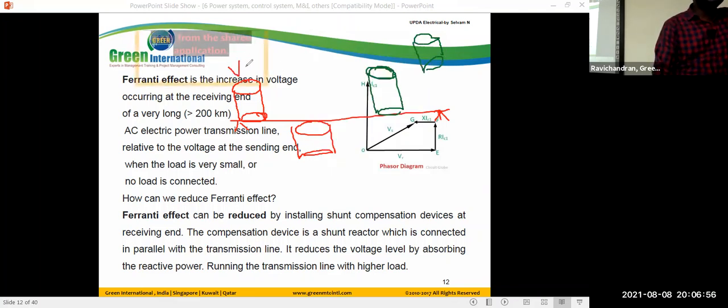So here Vs, here Vr, it's a higher value, it's a lower value. So that's why here we have 100, here we have 95.